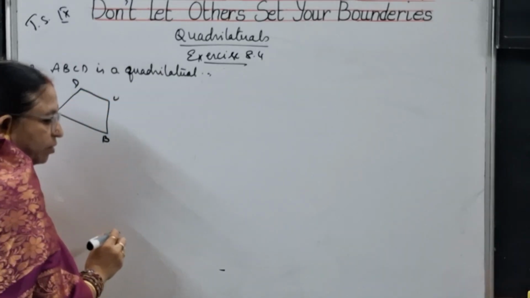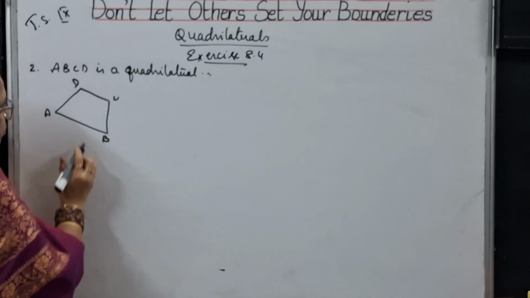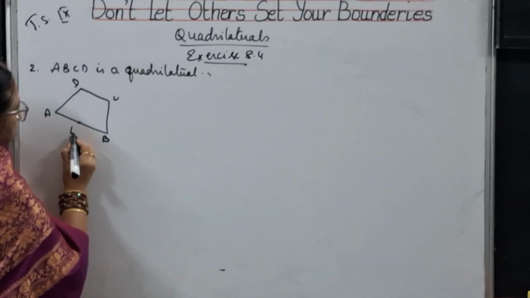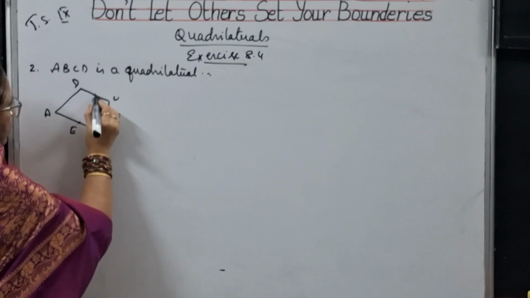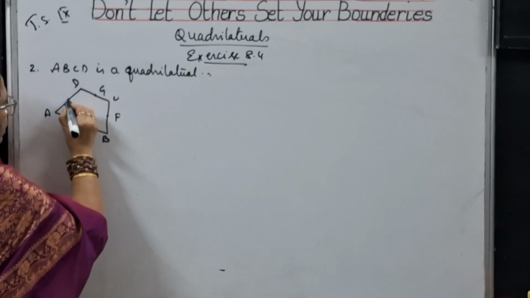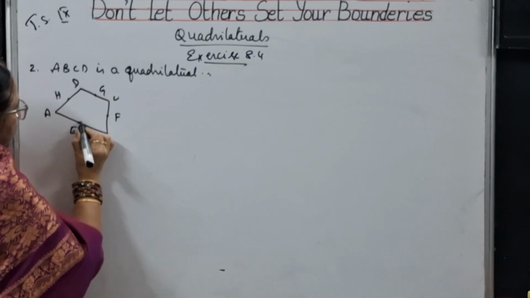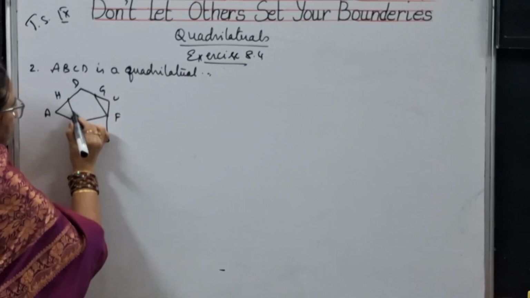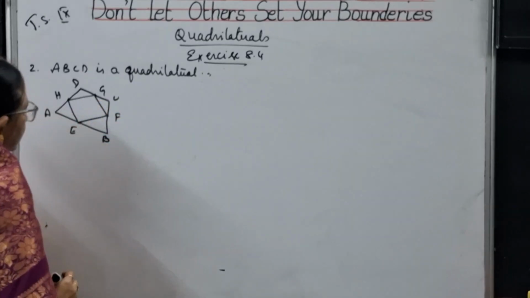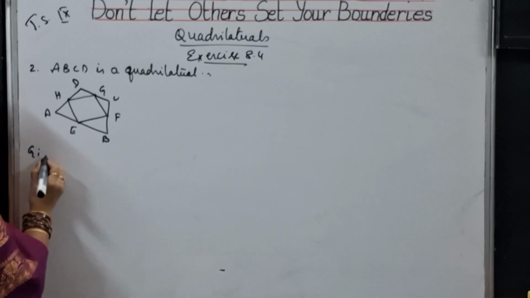Now, what else they have given? E, F, G, H are midpoints. See, AB midpoint is E, BC midpoint is F, DC midpoint is G, AD midpoint is H. So, you have to join this. You need to prove that EFGH is a parallelogram.